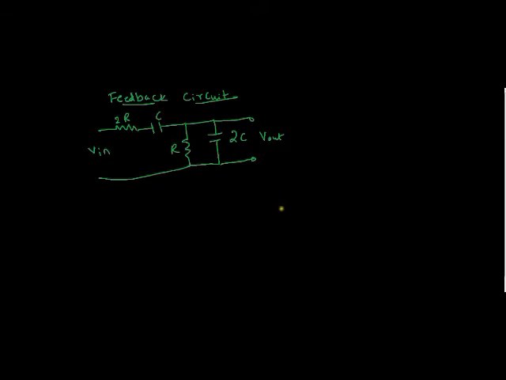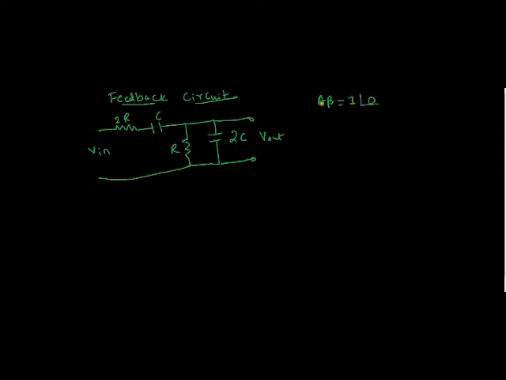Now this is the feedback circuit in the Wien-Bridge oscillator. First we need to find the transfer function of this feedback circuit. As I said earlier, we need to fulfill this criteria. This is the necessary condition for the circuit to undergo sustained oscillation.